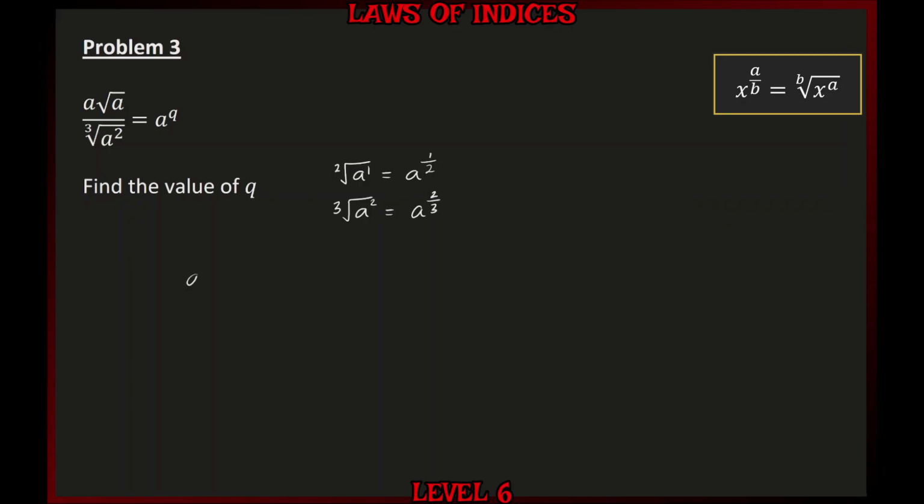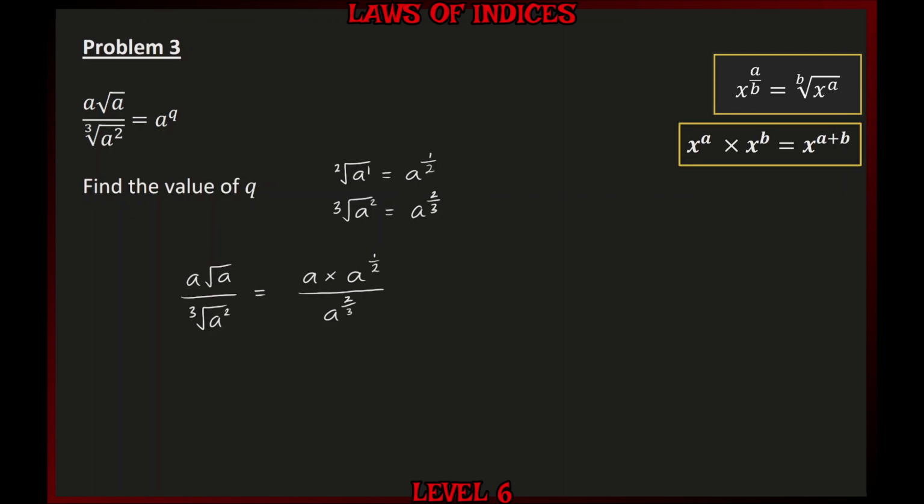And this means that a, root a, over the cube root of a squared can be rewritten as a multiplied by a to the power of a half divided by a to the power of 2/3. Now looking at our numerator, we're multiplying indices together, so we can use this law, which tells us that we need to add their powers.